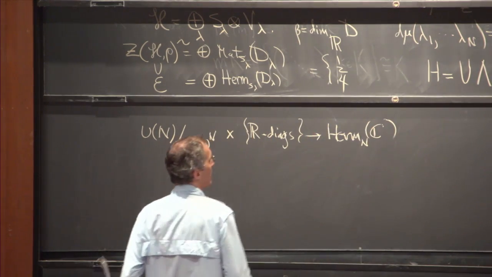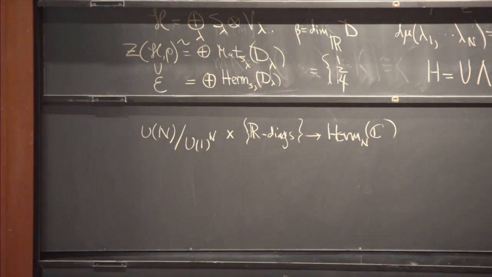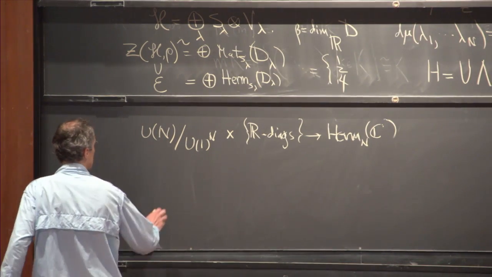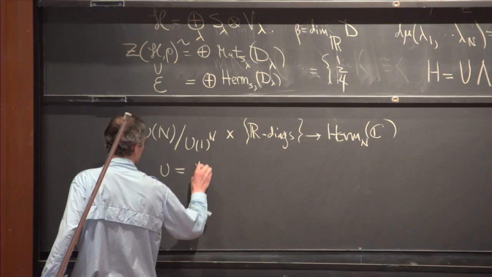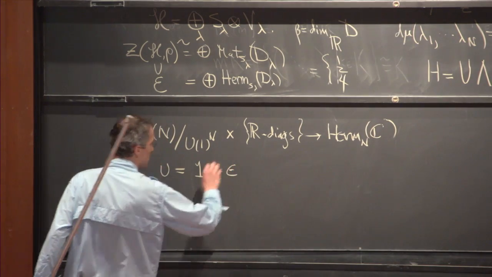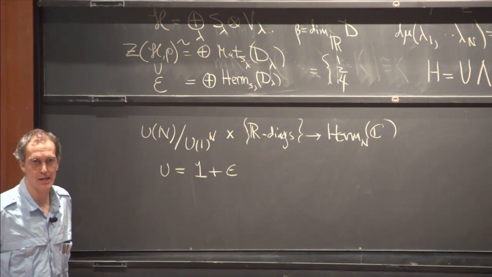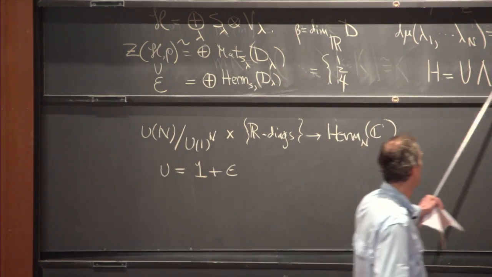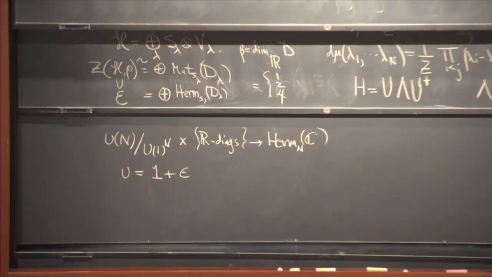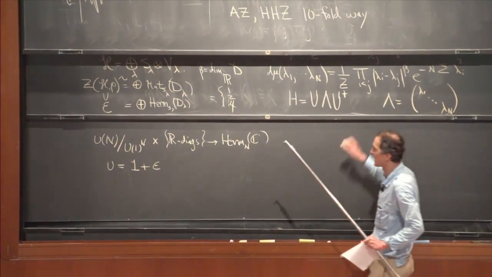And you need to calculate the Jacobian of that map, which might make you a little bit scared, but you shouldn't be scared because you just take the unitary operator to be 1 plus anti-Hermitian. And you work to first order in epsilon, and then you'll calculate the Jacobian, and it will turn out to be this product here.